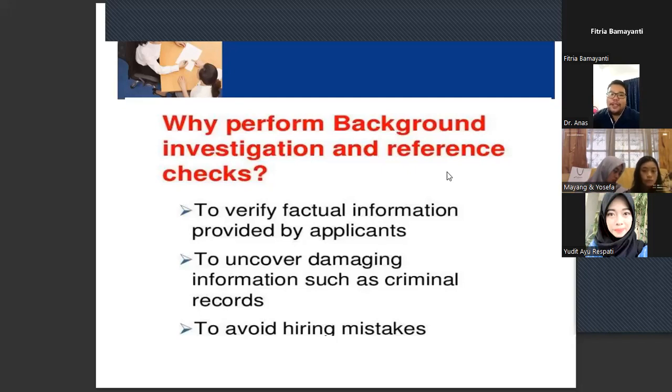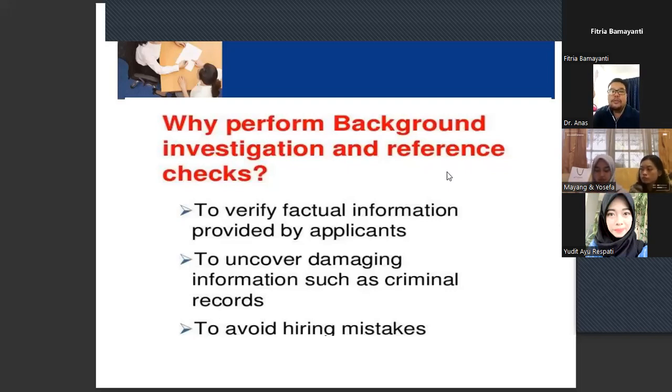Sometimes people are desperate to get a job, until they commit fraud on the resume, on the CV, curriculum vitae, or also on the biodata.